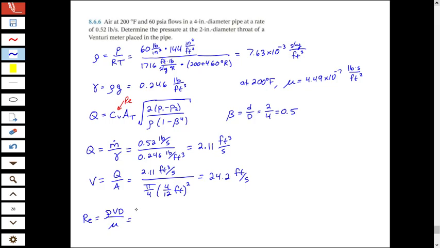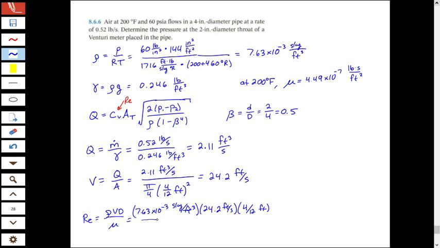All right, so we get 7.63 times 10 to the negative third slugs per cubic foot. So we got that. Velocity, 24.2 feet per second. Got that. Diameter, 4 inches, which will convert to feet.